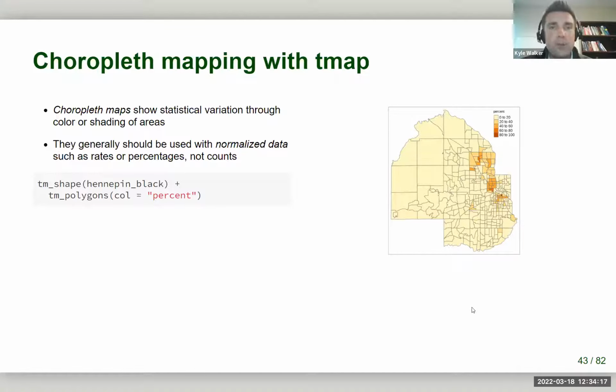Choropleth maps almost exclusively should be used with normalized data such as rates or percentages, not counts, because of 2 things. One is, if you're using counts, you'll in many cases inappropriately attribute a greater concentration to locations that have basically larger baseline populations.